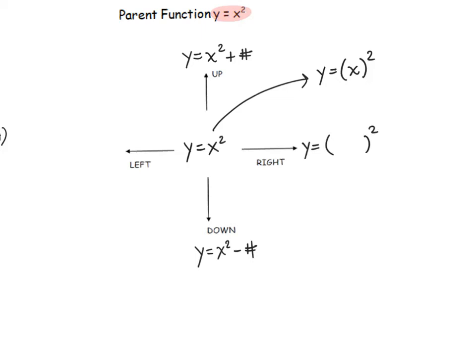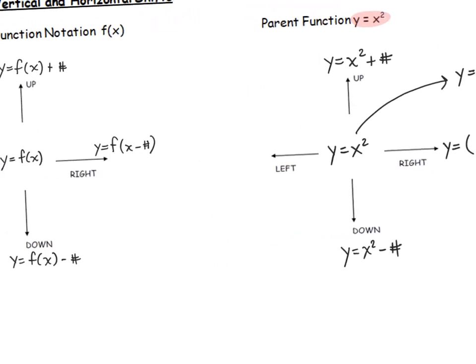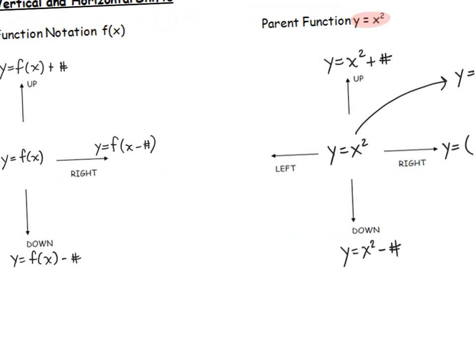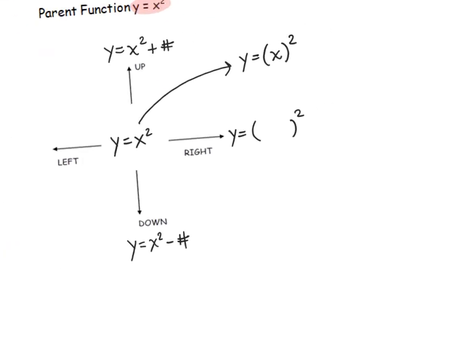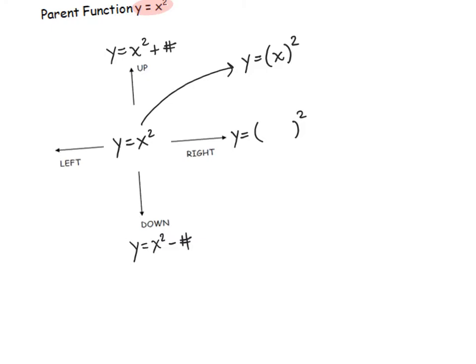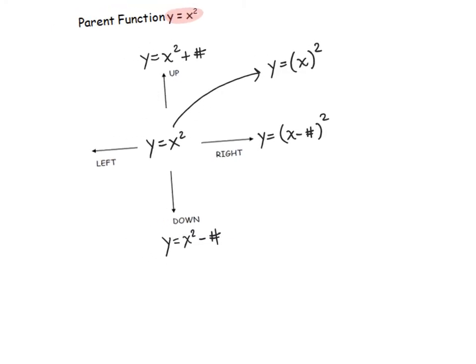So to move something right, I would say y equals, and this is my function, right? X squared, something squared. But I said in my last slide that to move something right, we would subtract a number. So if I wanted to move this right, I would write x minus some number squared.